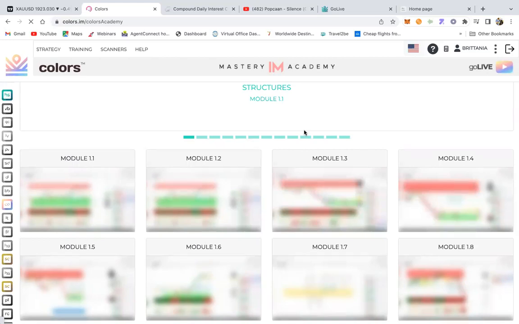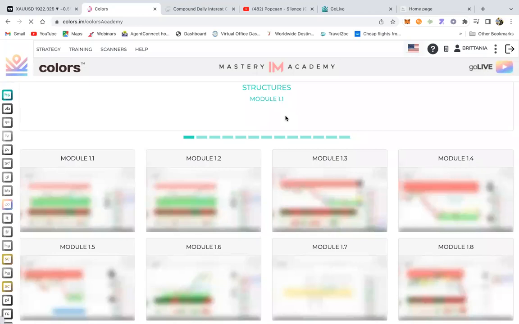So you said that you use a different strategy. Alex does a slightly different strategy. Did you take it and make it your own, or are you following anybody's particular strategy? No, the triangle offense is inside of colors.